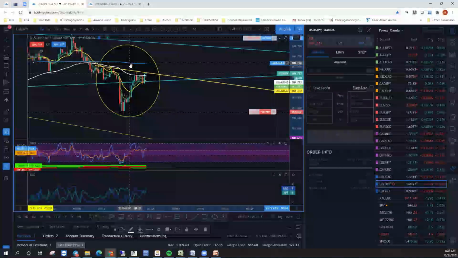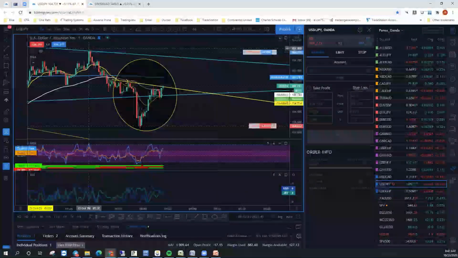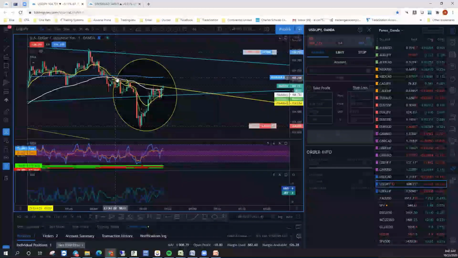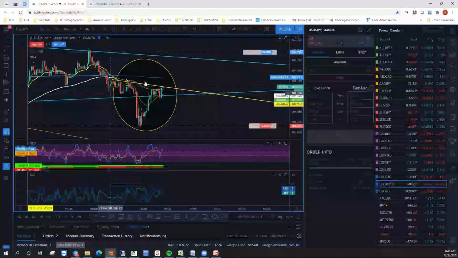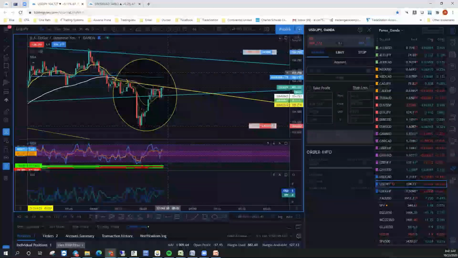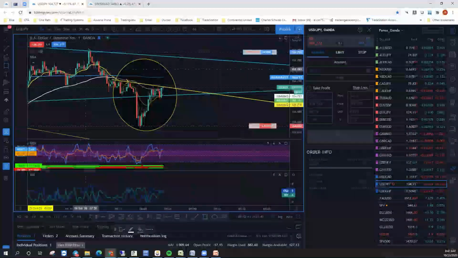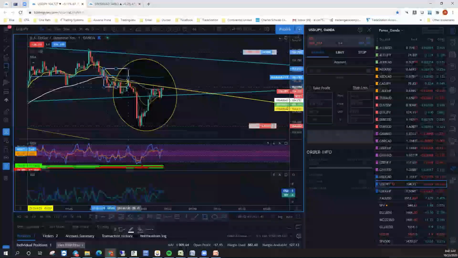Let's see. You can see where it came down. When you look at this pattern, it came down, passed it, checked it, went lower. Now it's coming back up to retest. So this is the area right here where the battle is raging, I guess you could say, from here to the bottom.